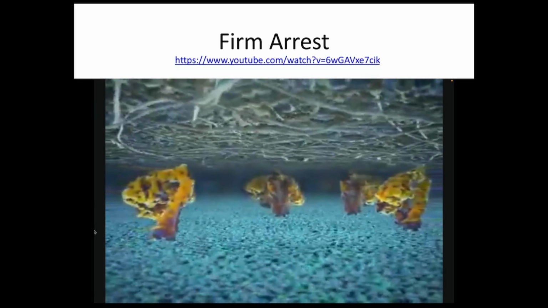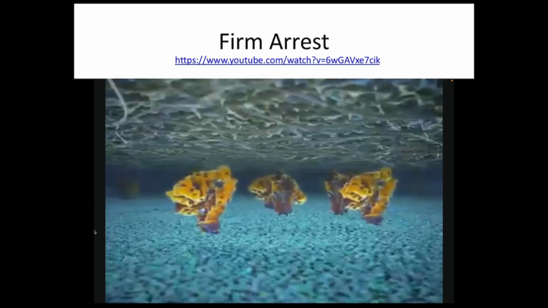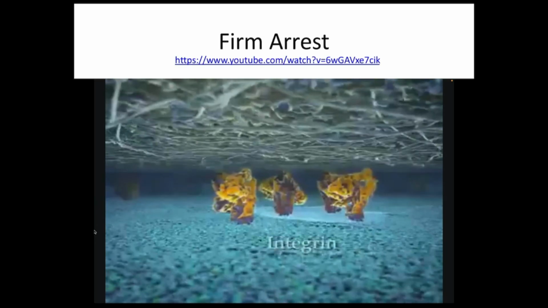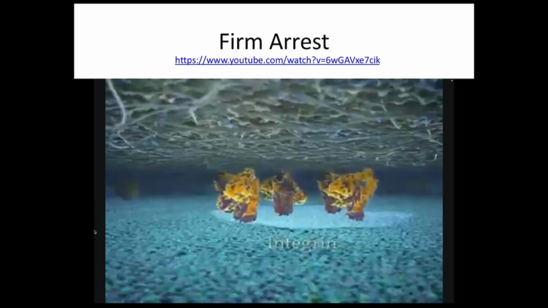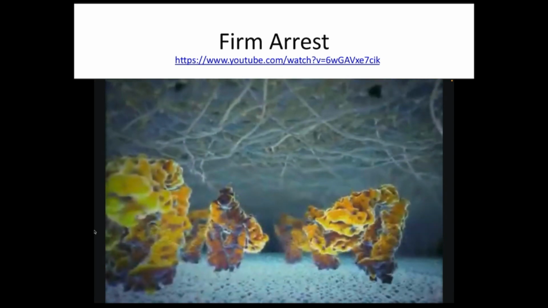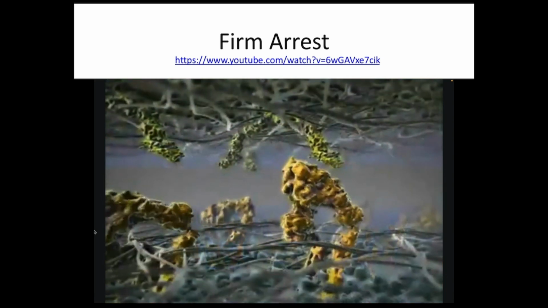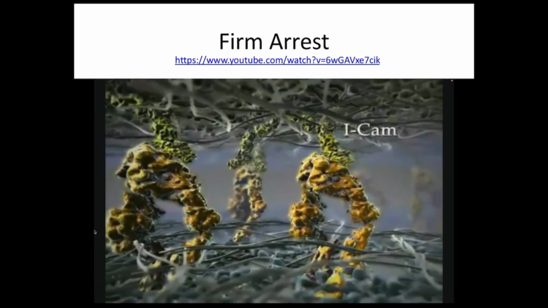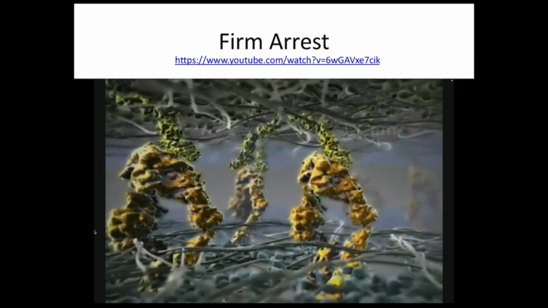Some signaling happens. Here are my integrins bent over into the jackknife conformation. And now there's going to be a signal, and ta-da! The integrins are going to extend out and now be able to bind to the CAM molecule that they were not previously able to bind to.